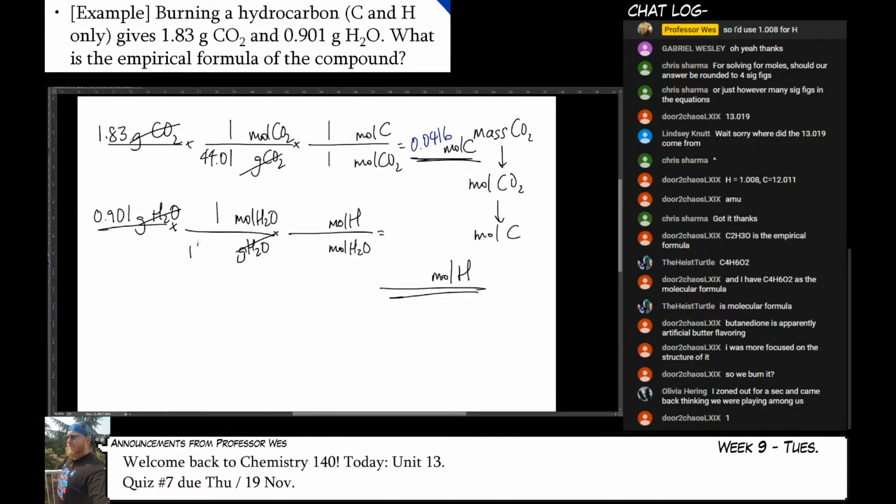Molar mass of water is 18.02. And then the ratio of water to hydrogen is 1 water molecule has 2 hydrogens in it. And it looks like you're going to get 0.1 for the answer. Let me punch it in the calculator. Oh, I'm going to get exactly 0.1, aren't I? Yeah, okay. Different color.